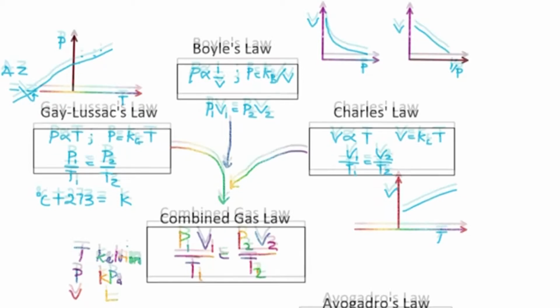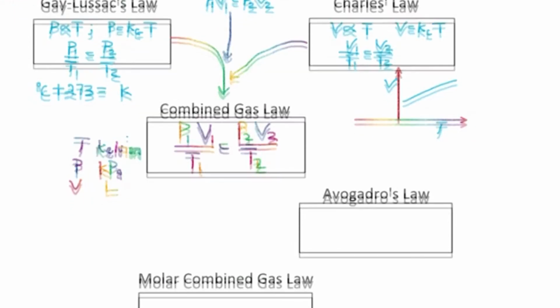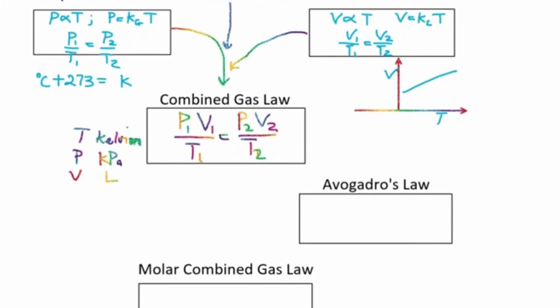So now that's out of the way for the combined gas law, we're going to dive into Avogadro's law, which shows the relationship between the volume and the number of moles, which is represented as n, which shows a direct relationship. It's like blowing a balloon.